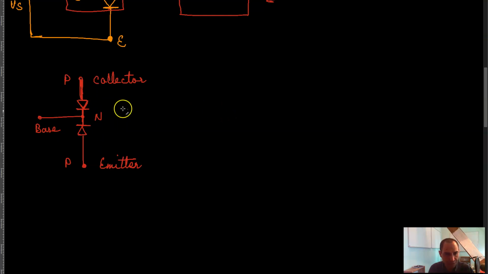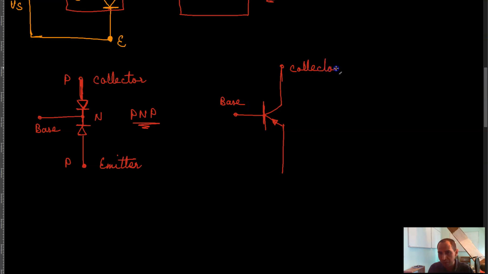The schematic for a PNP transistor is something like this: you have your collector here, and the arrow points inwards. So this becomes your base, this becomes your collector, and this becomes your emitter. And so this is a PNP transistor.